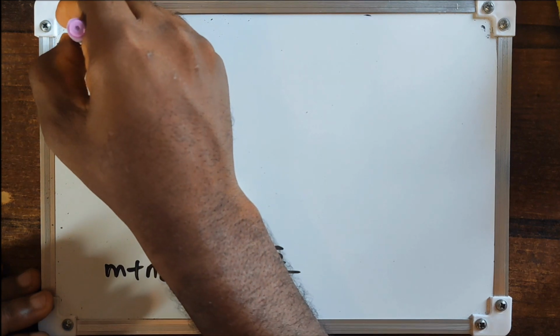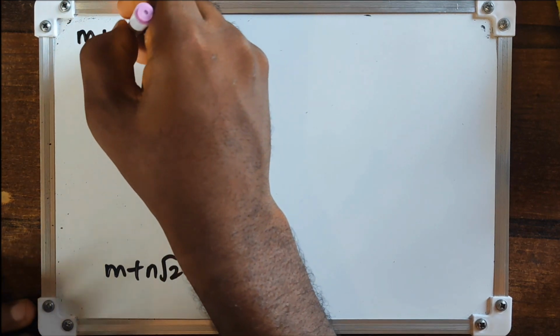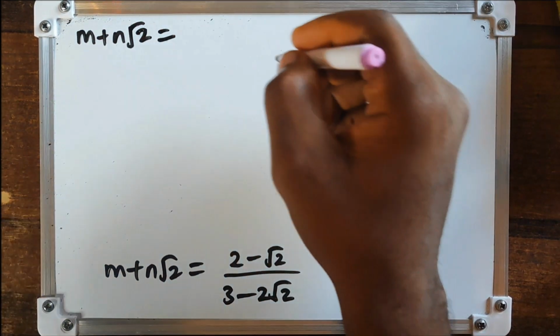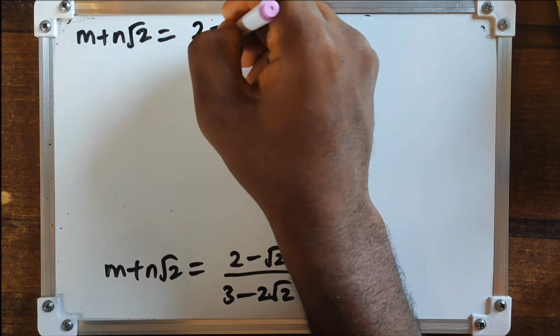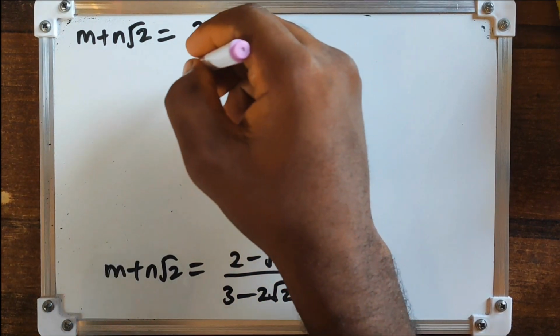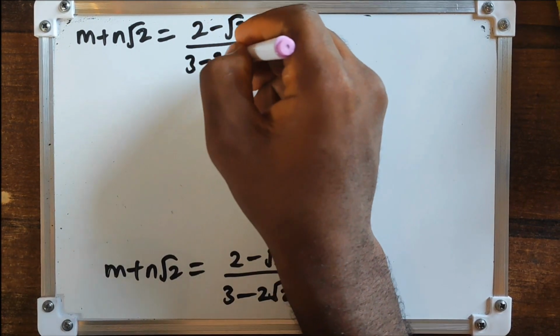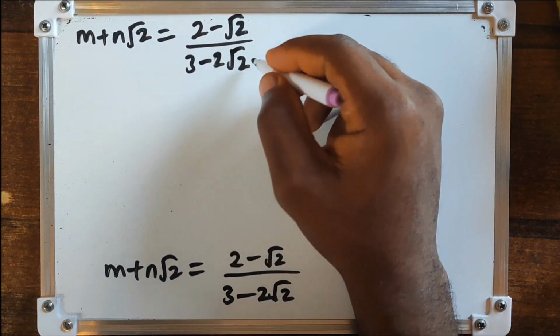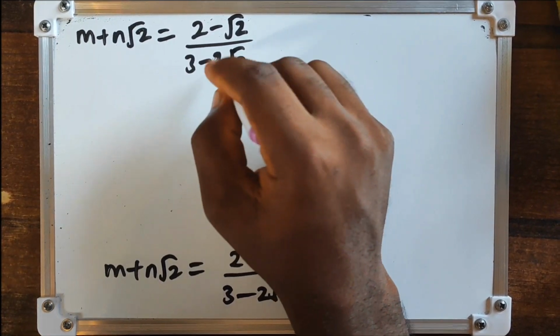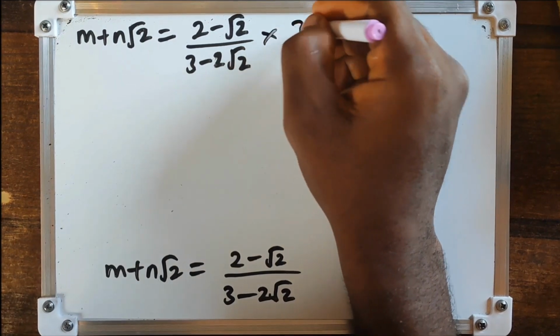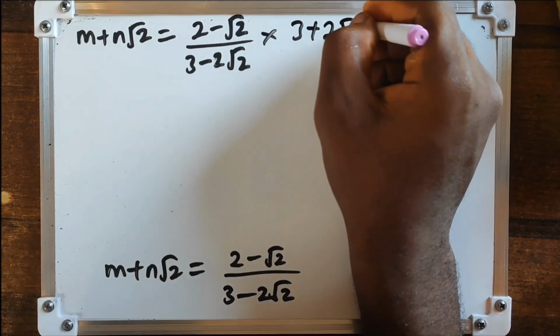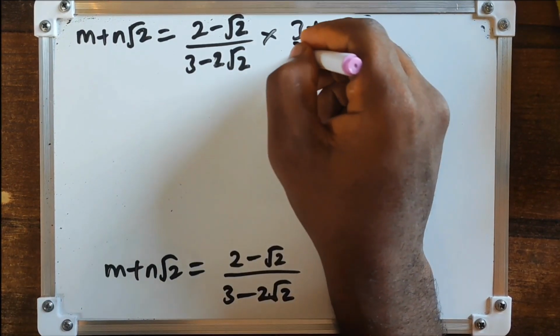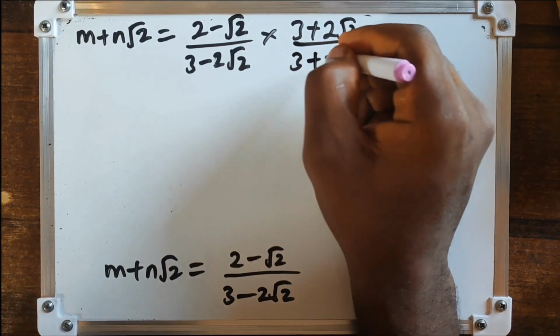And so I have m plus n root 2 equal to 2 minus root 2 over 3 minus 2 root 2. So I'm multiplying both the numerator and denominator by the conjugate. The conjugate of this is 3 plus 2 root 2. So I'm multiplying that again with the denominator.